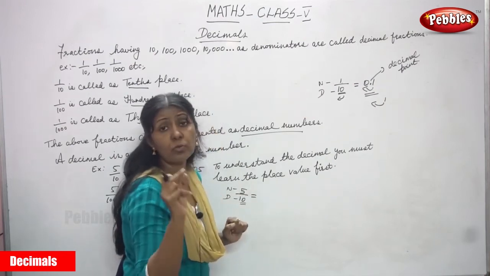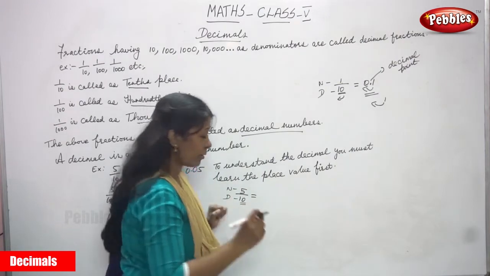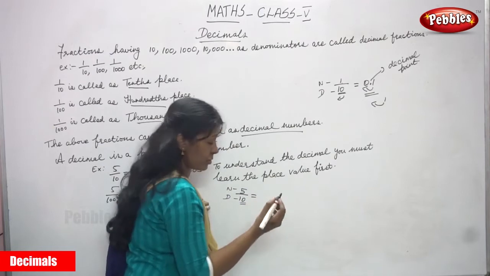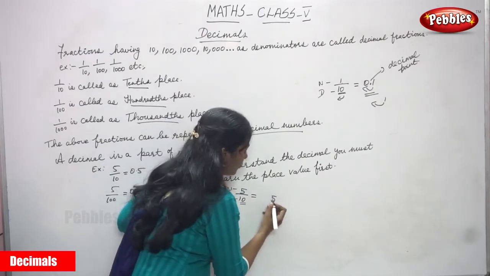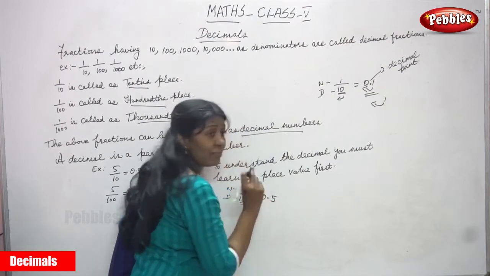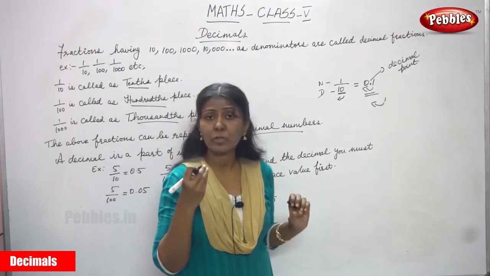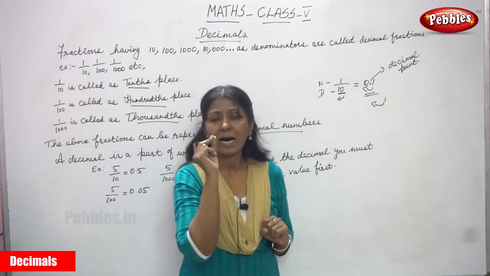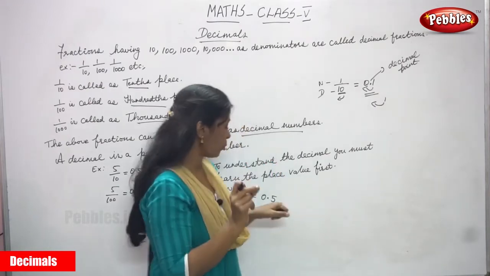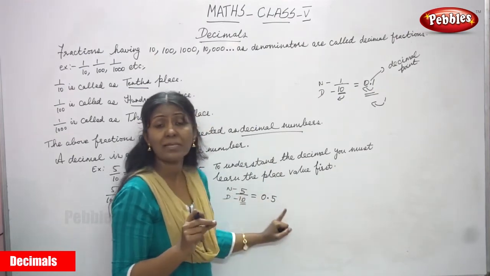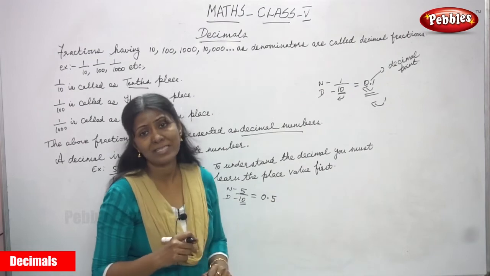So you have to move only one digit from right to left. So 5, then put a point, then write 0. Whenever you convert into a decimal number, first you have to write 0, after that you must put a point. That point is called a decimal point. The number in the numerator is 5. So 0.5 is the answer.